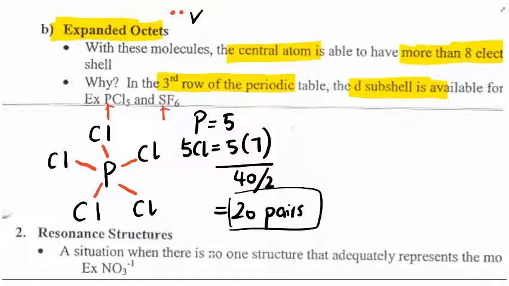It's having an expanded octet. So 20 minus 5. Now I use up 5 shared pairs, bonding all the atoms together, and I have 15 pairs left. 15 pairs divided by 5 chlorine atoms equals 3. They have 3 pairs each, which is perfect to make each chlorine atom happy. Okay.